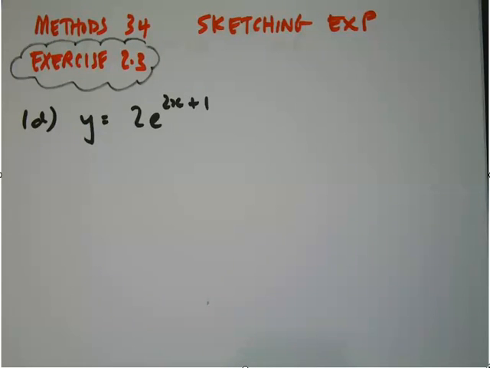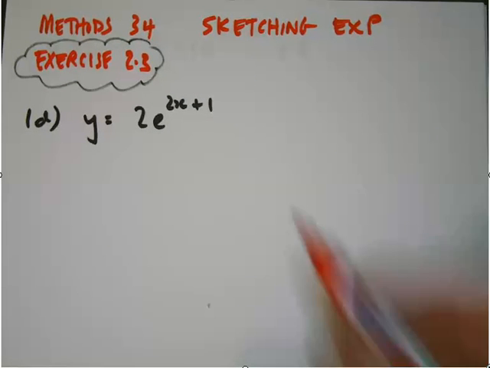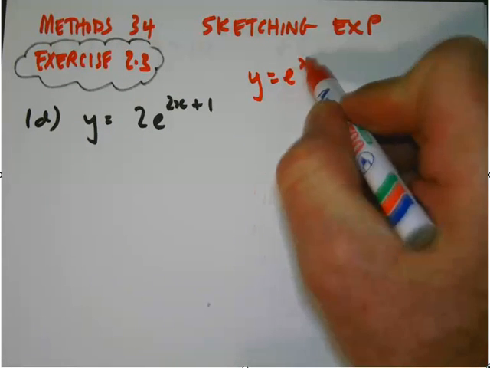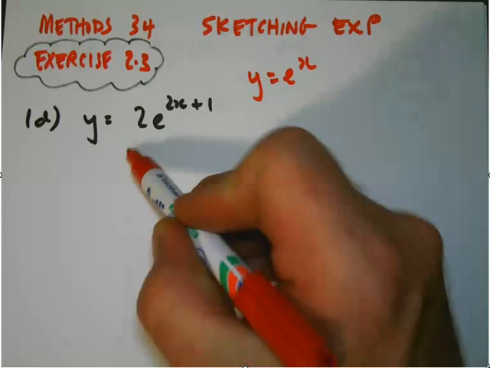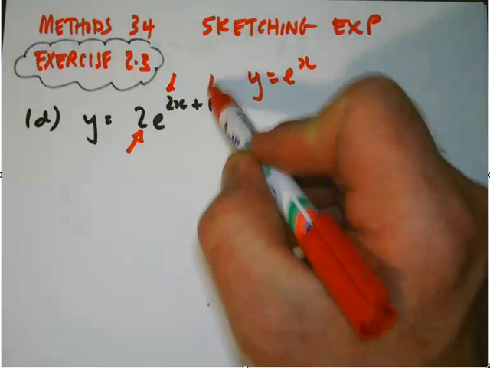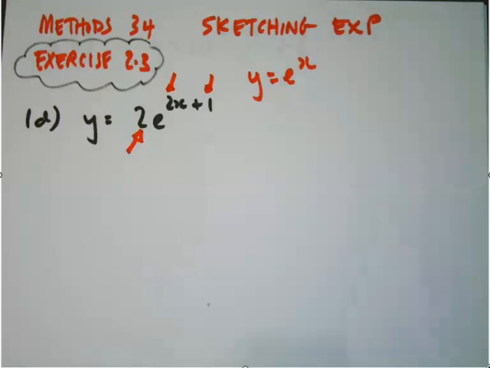Okay, question 1 says, state the transformations required to move y equals e to the x to this, and sketch the graph of the function. Okay, I've got a 2, a 2 and a 1, so therefore there's been 3 transformations.